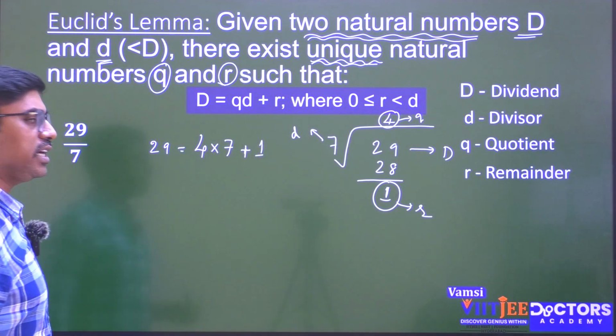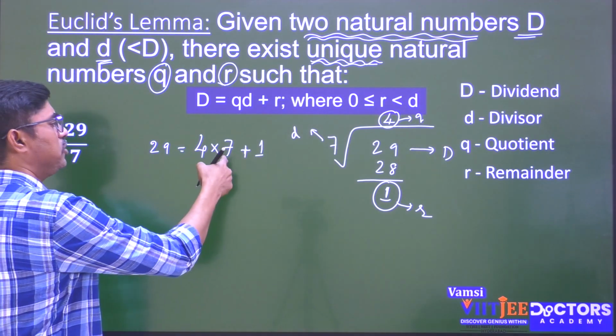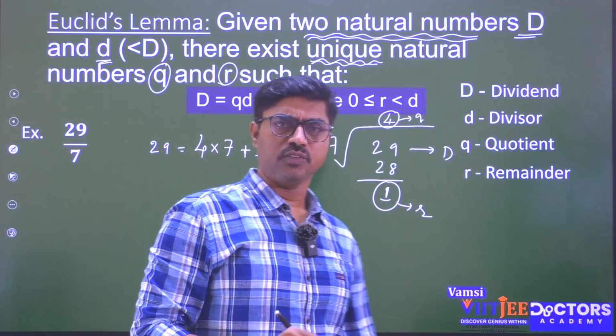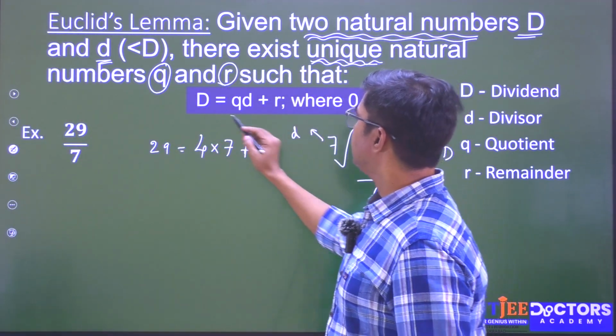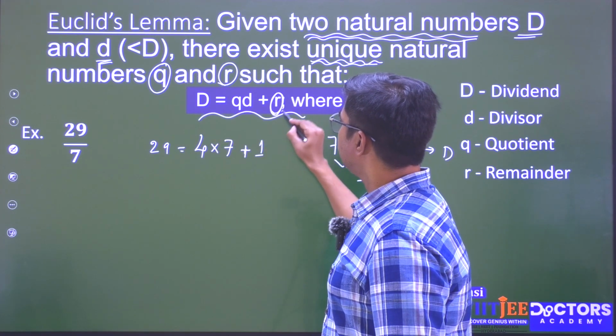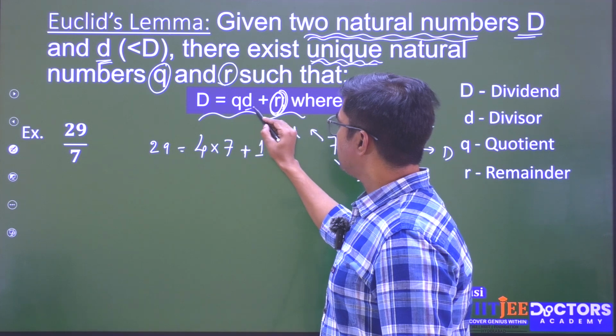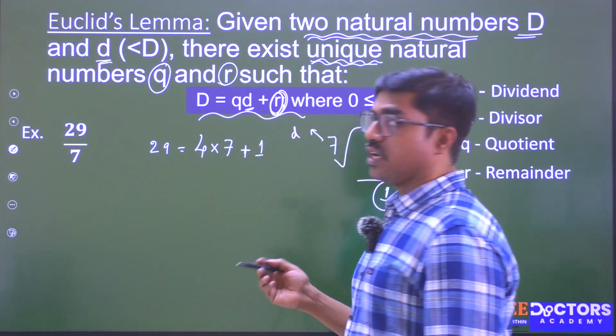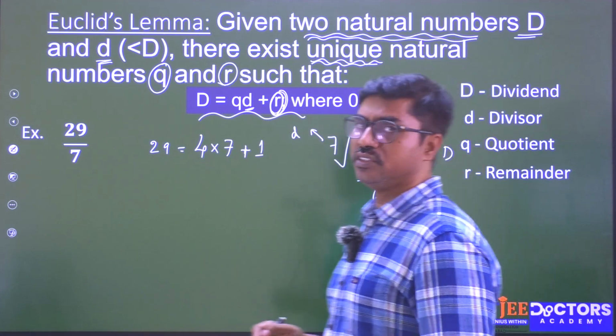See whether it will be satisfied or not. 4 sevens are 28 plus 1, 29. 29 equals 29. That's what it says. So this relation says that whenever you are dividing, you would get a remainder. This small d is the one with which you are dividing, and q is the one that you get on top of this division.